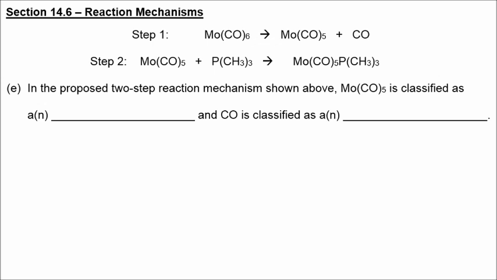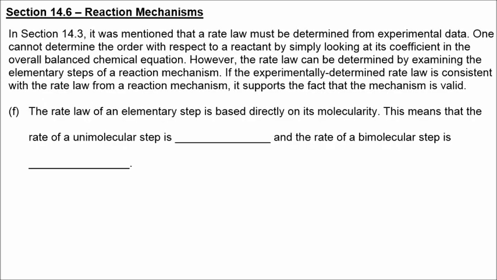So in this proposed two-step reaction mechanism, the Mo(CO)5 is classified as an intermediate because it's formed in step 1 and then consumed in step 2. CO would be classified as a product because it simply is produced on the right side in step 1, and then it is going to be an overall product when we add these two steps together.